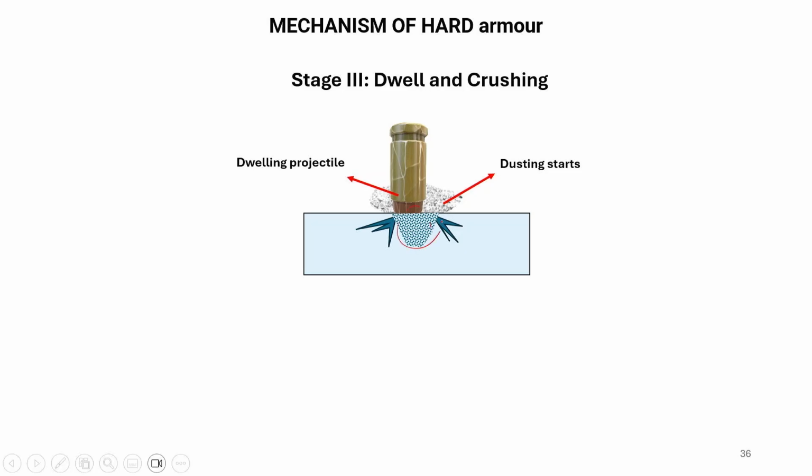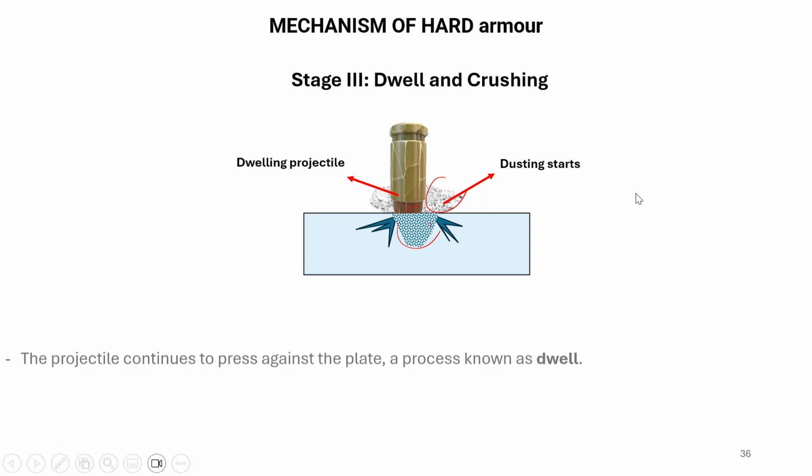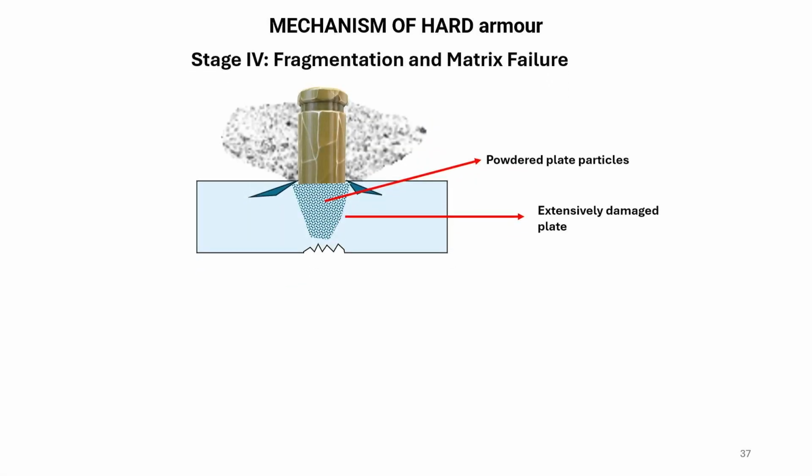So, dwelling of the projectile, and dust starts forming due to the crushing of the hard body armor. The fourth stage was fragmentation and matrix failure.